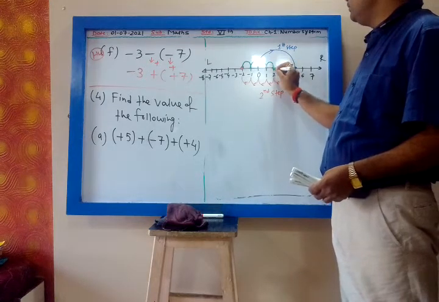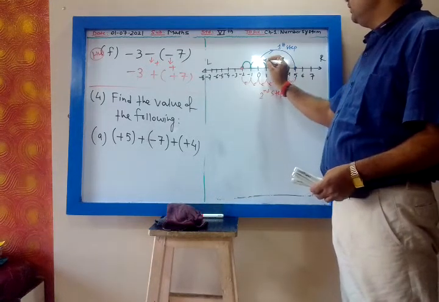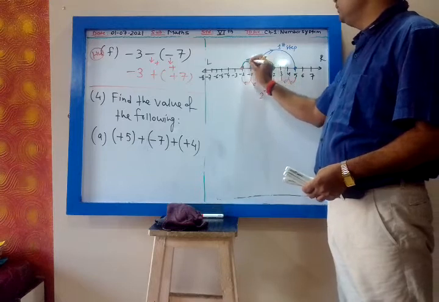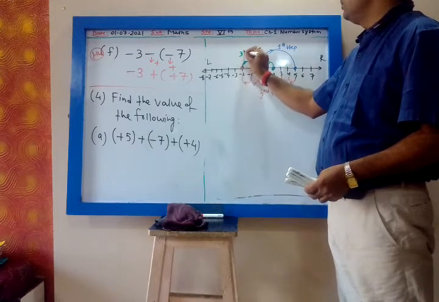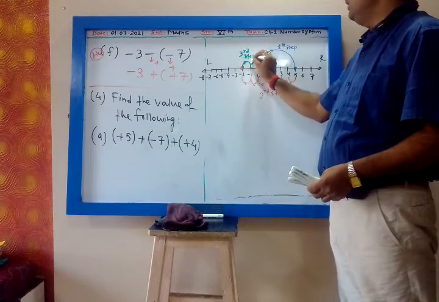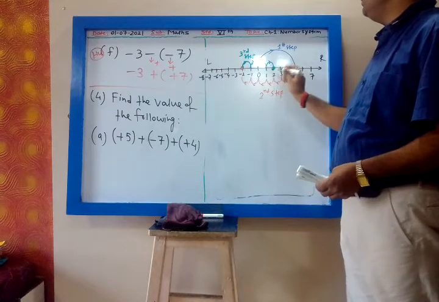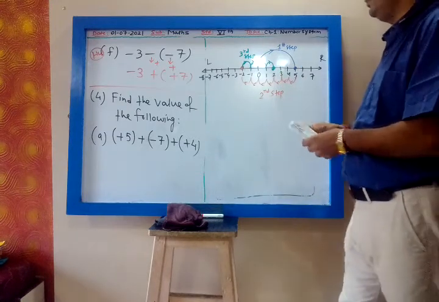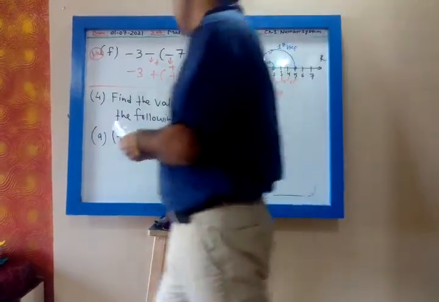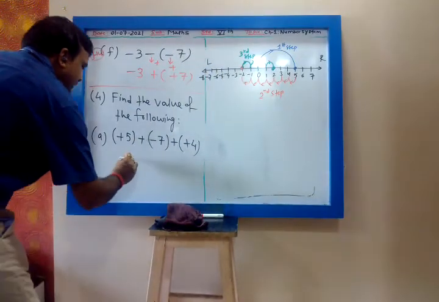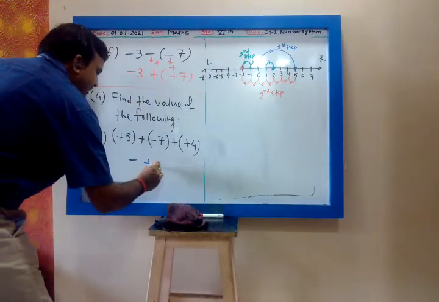Where we reach? +2. So this is third step. And finally we reach the number +2. So our answer is +2. We write this answer as +2.